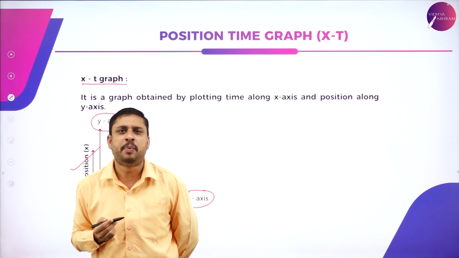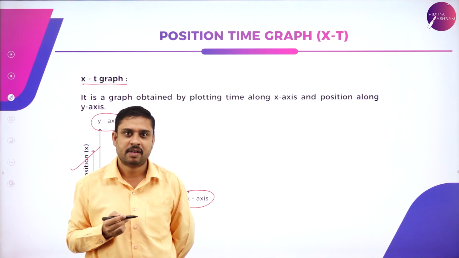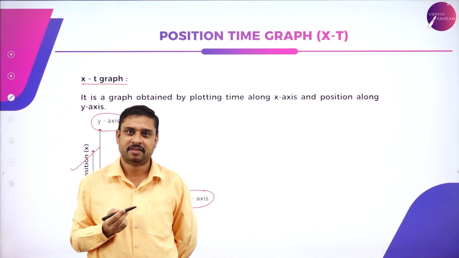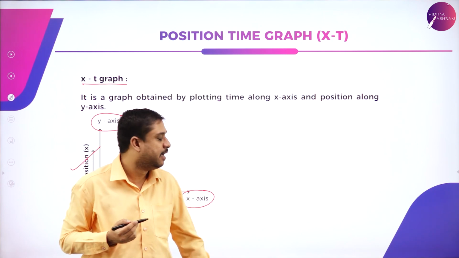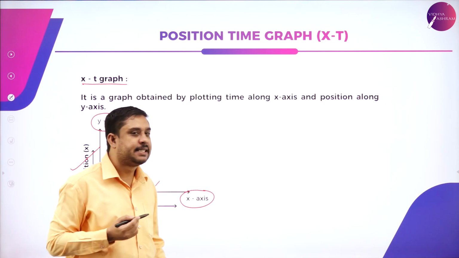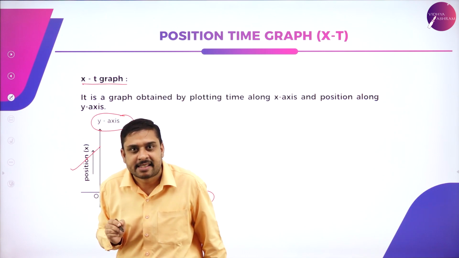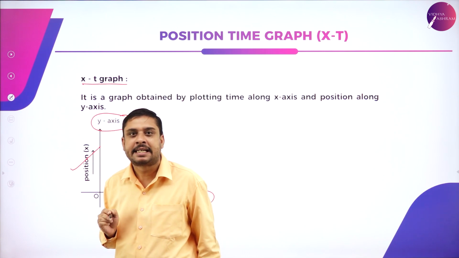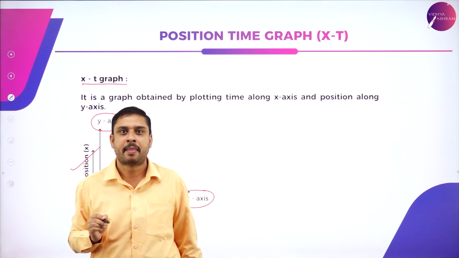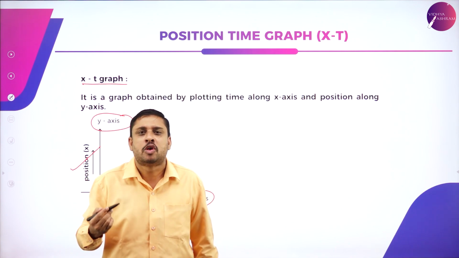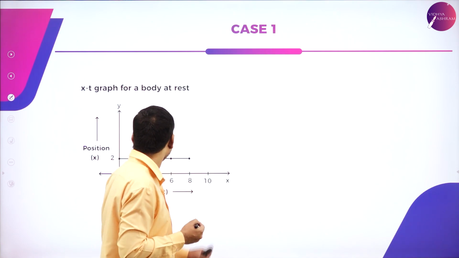So in simple words we say, any graph obtained or plotted by taking time along x-axis and position along y-axis is a xt graph, position time graph.